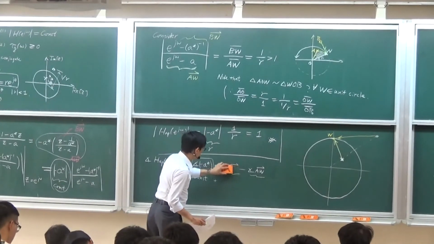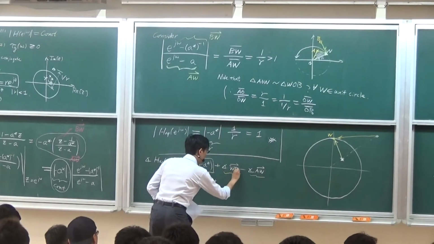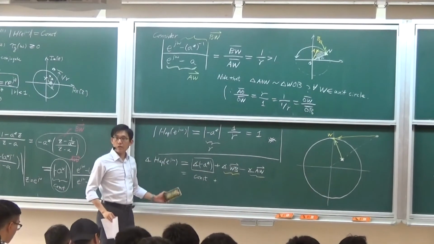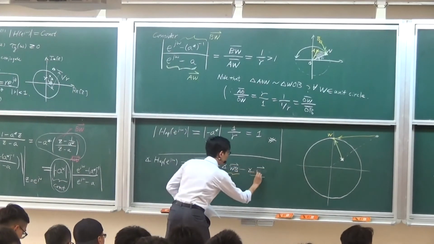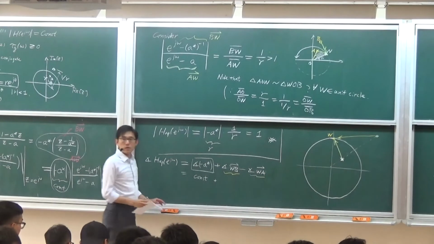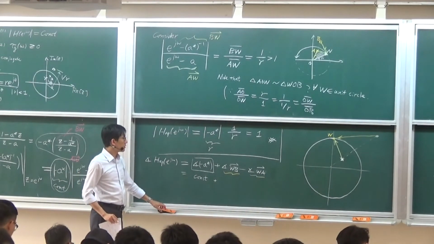Actually, I can change it to WP and WA. Probably it's easier to look at this one. So let's change it to WB and WA. Is that right? Wait, can I do this?